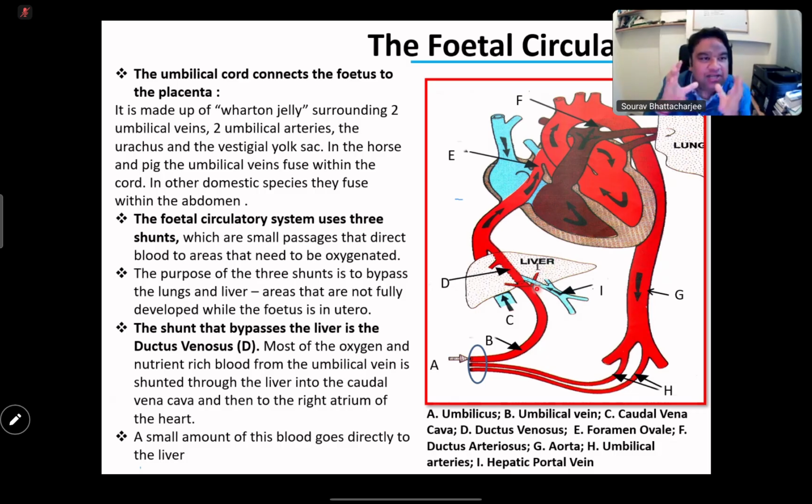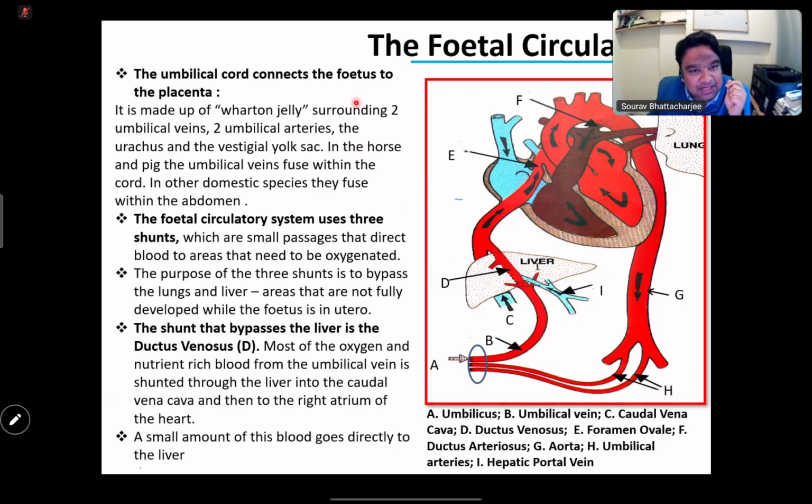Imagine you have a solid ball attached to a syringe and you are trying to inject water through it. I hope it's very clear. It will give a lot of back resistance, and you have to put a lot of force to push water or any fluid through it. That is a problem because the maternal heart is somewhere here and it is pumping the blood that is entering the fetal unit.